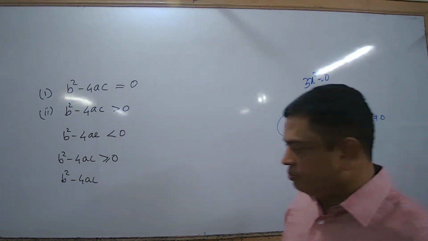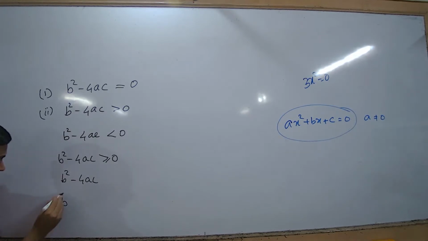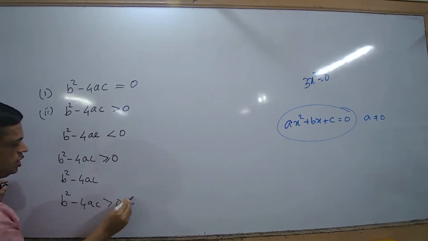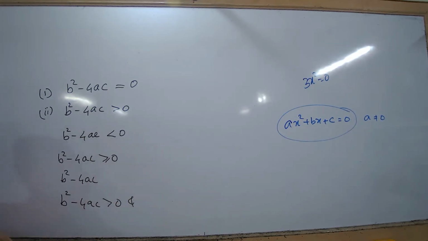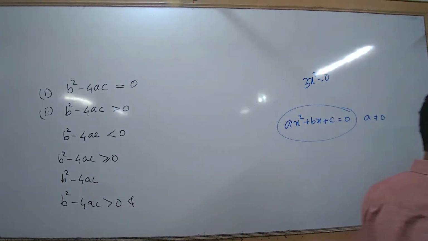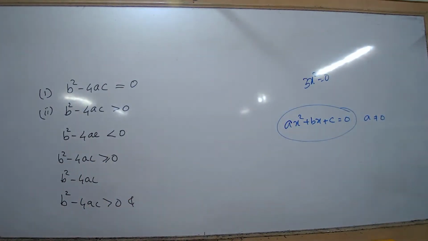Next one, b square minus 4ac. That also you have to write: greater than 0 and not a perfect square. The roots are irrational.